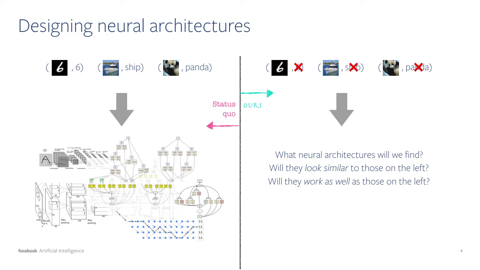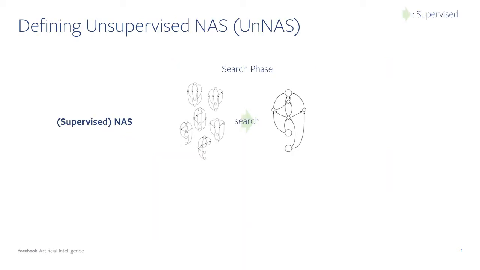Intuitively, our setting corresponds to an unsupervised version of neural architecture search, and we will now formalize its problem definition. To define unsupervised NAS, it is useful to refer to the definition for neural architecture search first. When we talk about NAS, we usually think of the process of identifying one architecture from the search space.